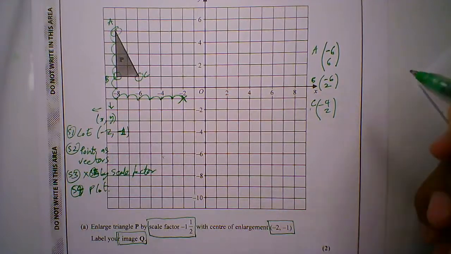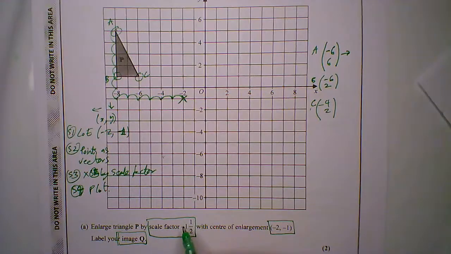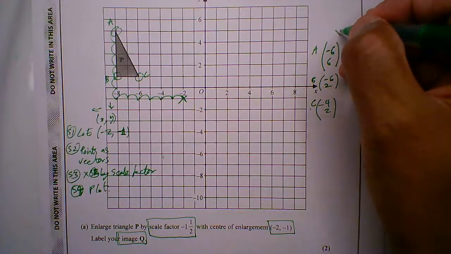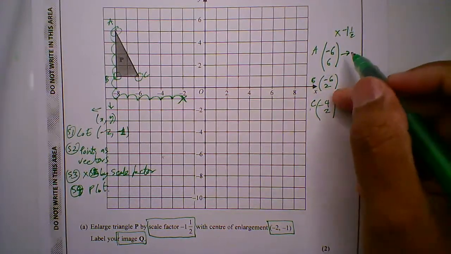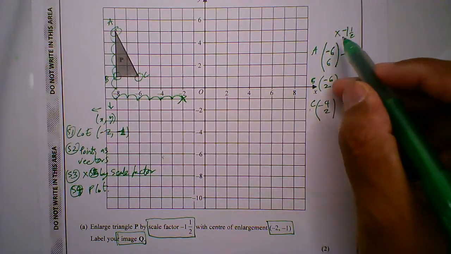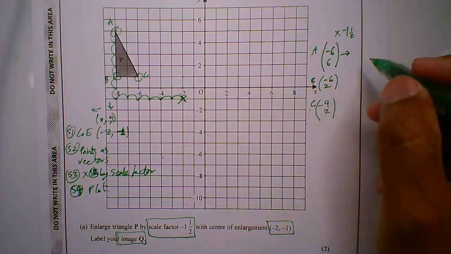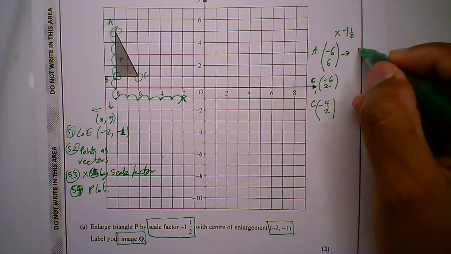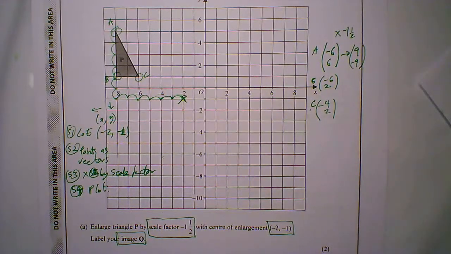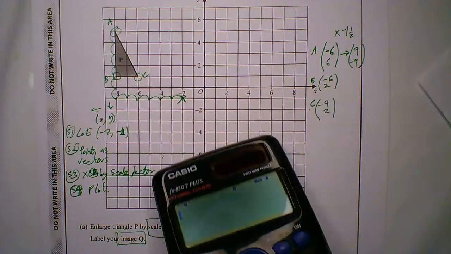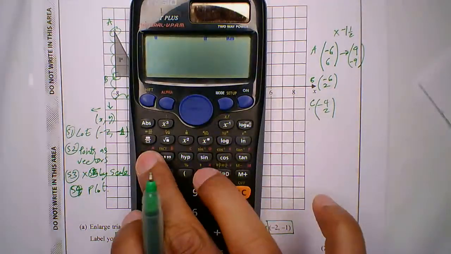Step 3 is I multiply by the scale factor. So my scale factor is -1.5. I can use my calculator for this: -6 times -1.5 is 9. The other one becomes -9. It is a calculator paper, so don't take any risks.